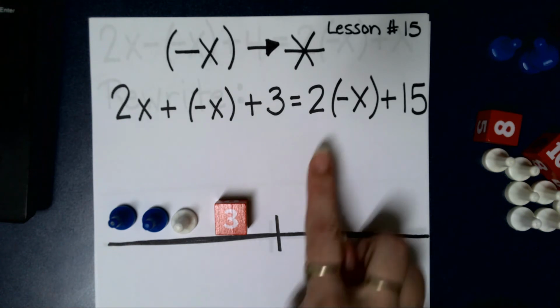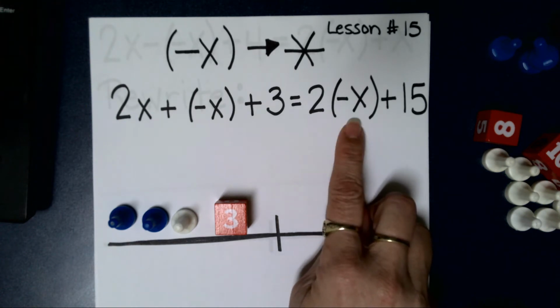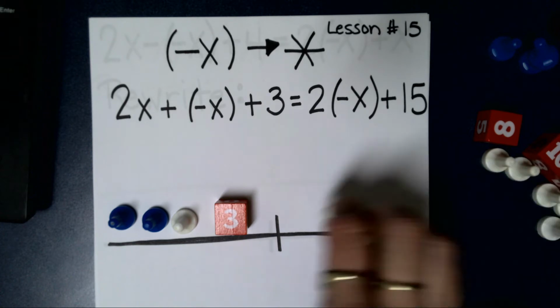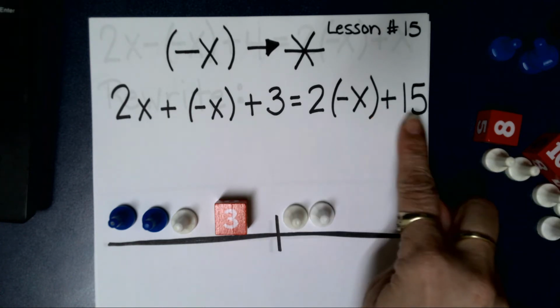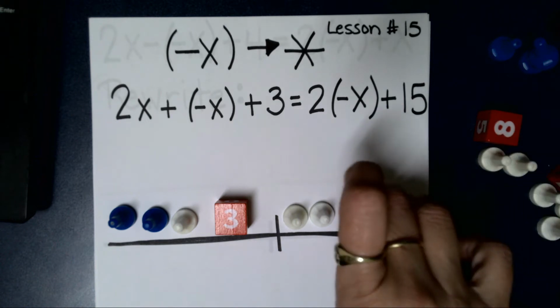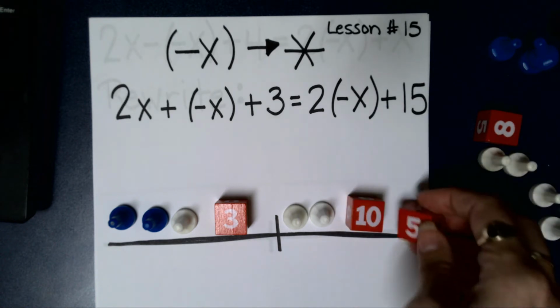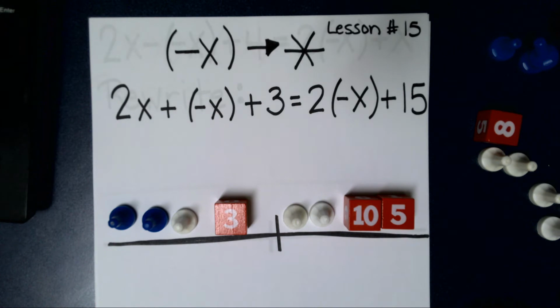On the right-hand side, we have two sets of stars. So I'm going to put two stars on here, plus 15. So I have a 10 and a 5. So we have two pawns and a star and a 3 on the left, two stars and 15 on the right. So now let's start to solve.